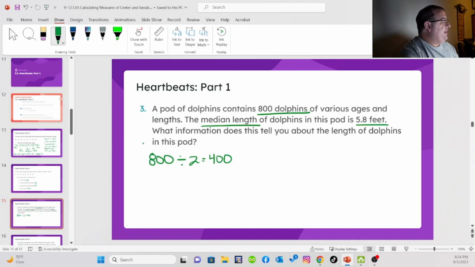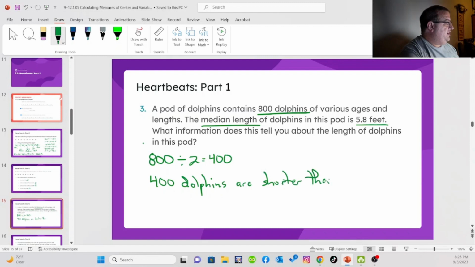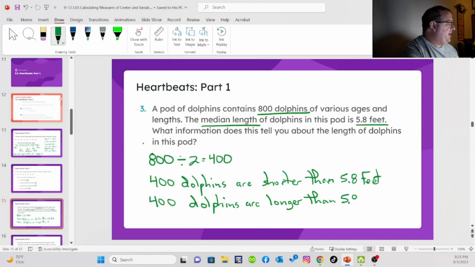If the median length is 5.8 feet, that means 400 dolphins are shorter than 5.8 feet, and 400 dolphins are longer than 5.8 feet.